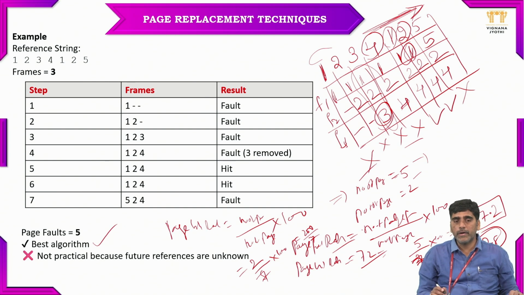It may not be practical because the future references are not known. So in this example we take it like this: the future references are not known, so we can take any one string, right? So this is the way optimal page replacement works.